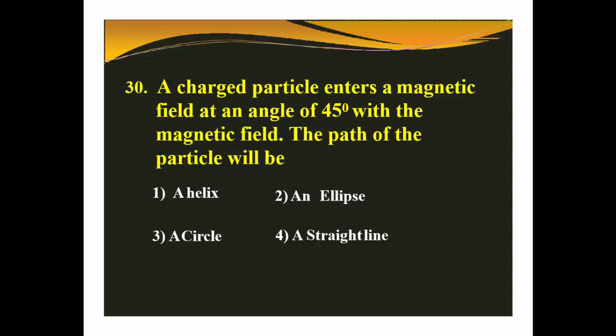Next question is the 30th question. A charged particle enters a magnetic field at an angle of 45 degrees. Here the angle of projection is 45 degrees with the magnetic field. The path of the particle is?